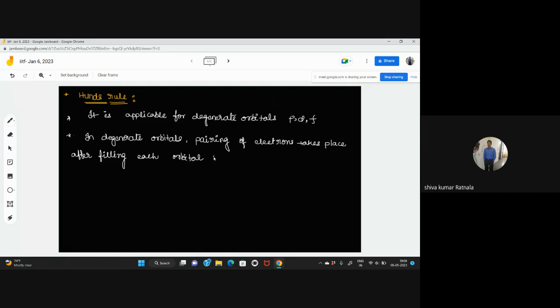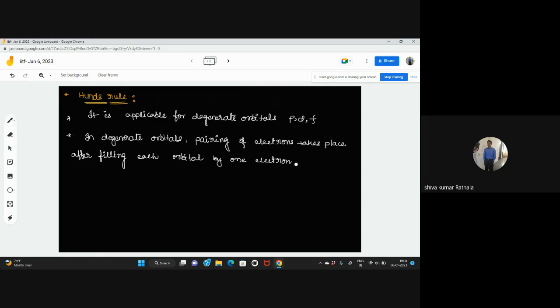Okay, in degenerate orbitals, the pairing of electrons takes place after filling each orbital by one electron. This is what we can say about Hund's rule.